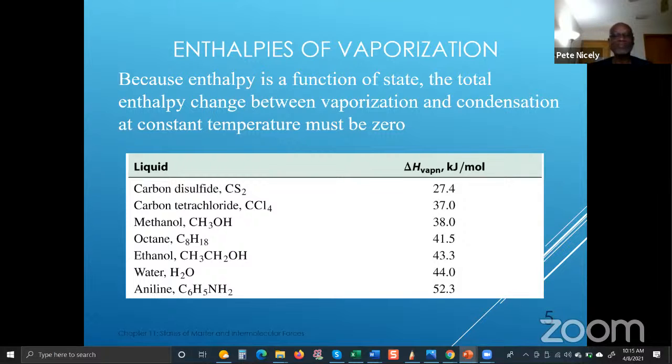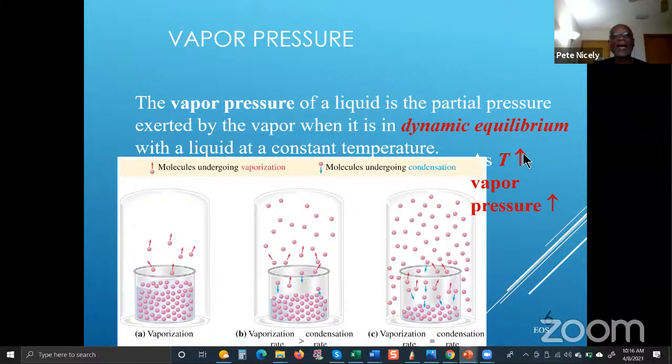And these are just some other substances in this short table with their corresponding enthalpy of vaporization values. For each of these are the energy values needed to convert 1 mole of each of these substances from a liquid state to the gaseous state.